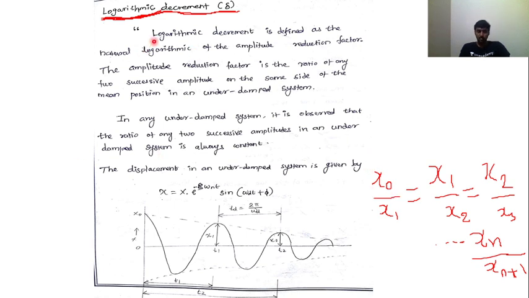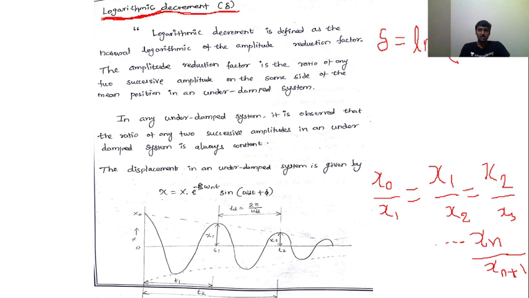Again coming to the first paragraph. Logarithmic decrement is defined as the natural logarithm of the amplitude reduction factor. What is meant by amplitude reduction factor? It is the ratio of the successive amplitudes, which is obviously constant in the underdamped system. When you take the natural logarithm, we denote the logarithmic decrement by delta. So delta is equal to the natural logarithm of the amplitude reduction factor.